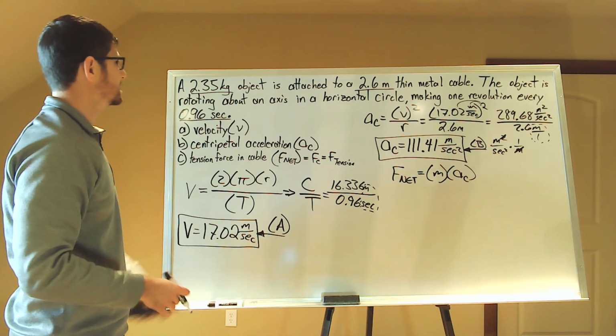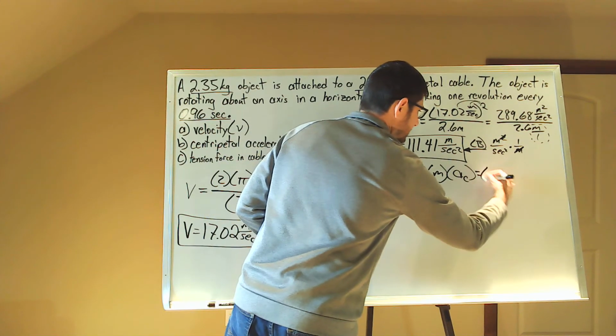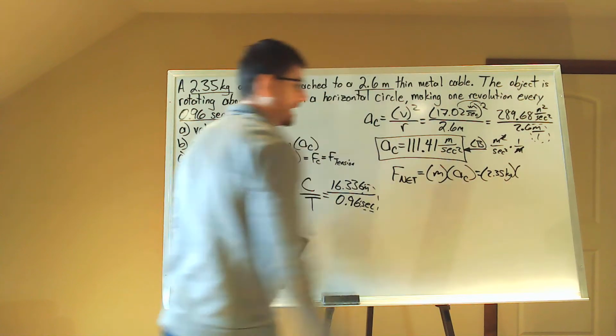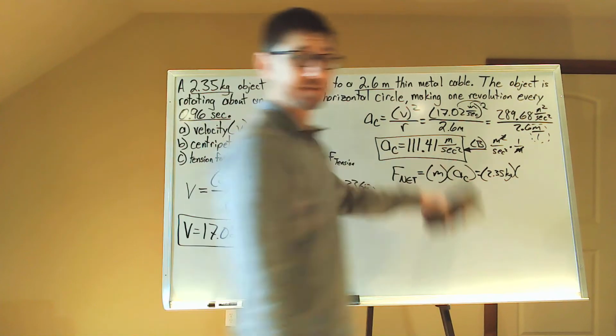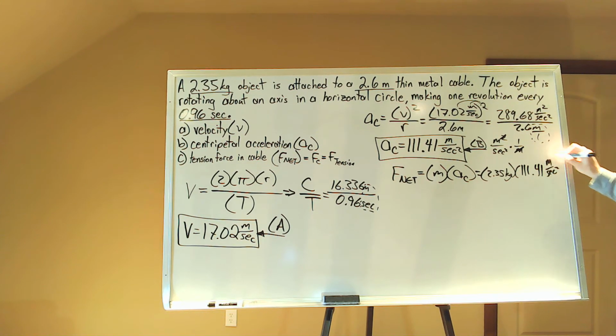So the mass of the object is 2.35 kilograms. And the centripetal acceleration is 111.41 meters per second squared.